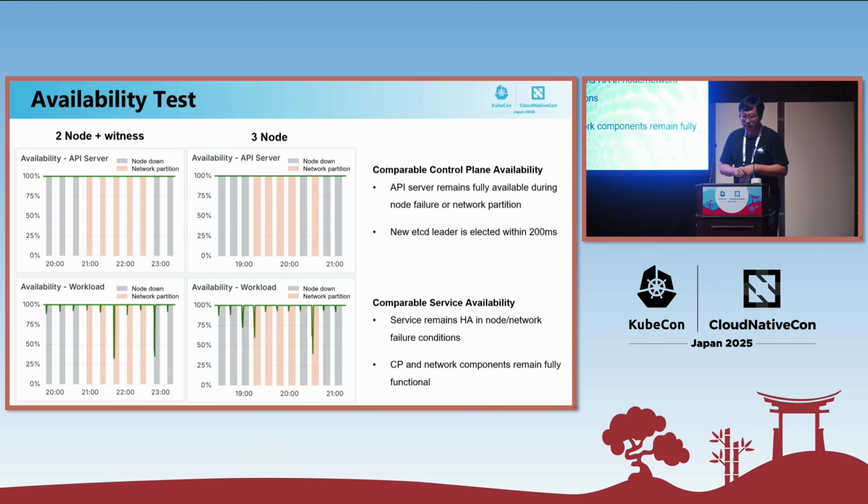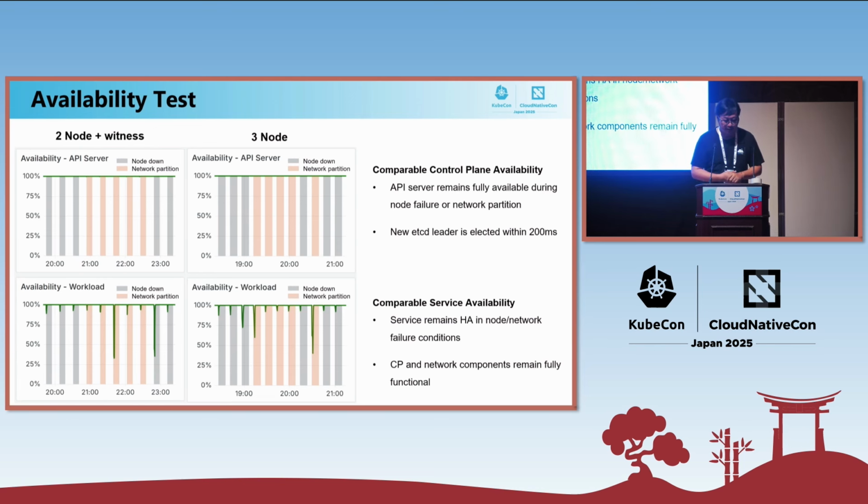Finally, we collect all the available data and come up with these four charts. On the left side, you will see the workload availability and control plane availability for the two nodes, and on the right side are the three nodes. The gray bar indicates a time slot when a node is down, and the red one is when a network partition happens.